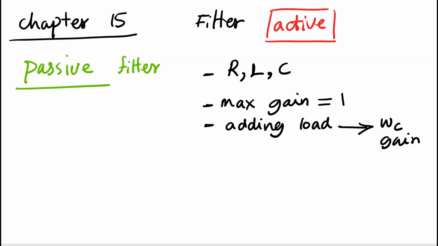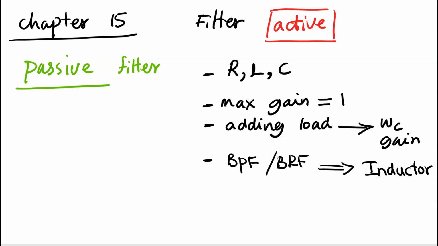Another feature of passive filter is that if you want to make a band pass filter or a band reject filter, for both of them, you need to have inductor. So in order to make a band pass filter or a band reject filter, having inductor in the circuit is necessary.